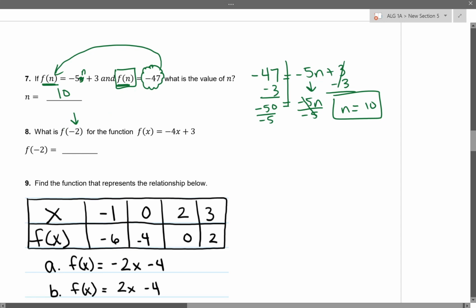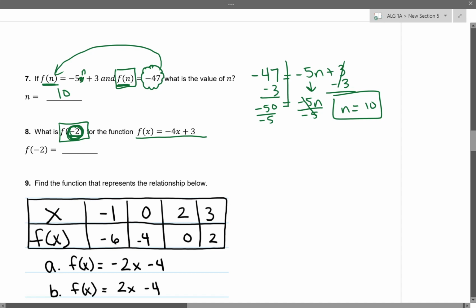Okay? So this time, instead of putting negative 2 as my whole answer, what place is negative 2 taking in this problem? Look at this. This says f of negative 2. So what is it replacing right here?